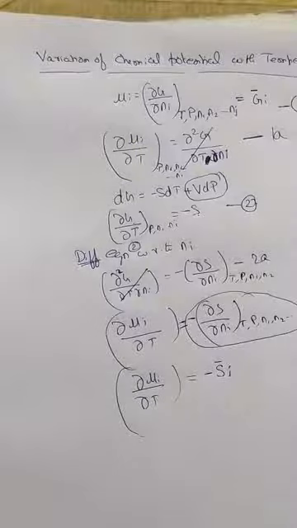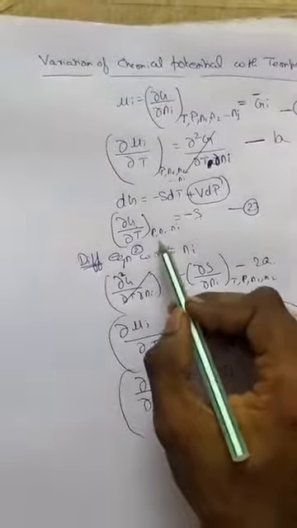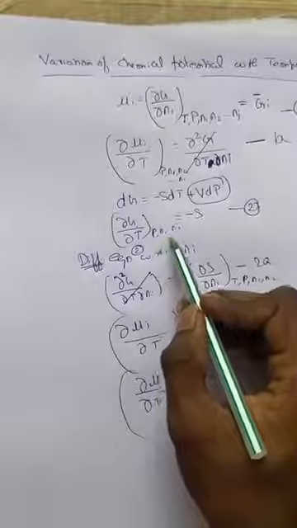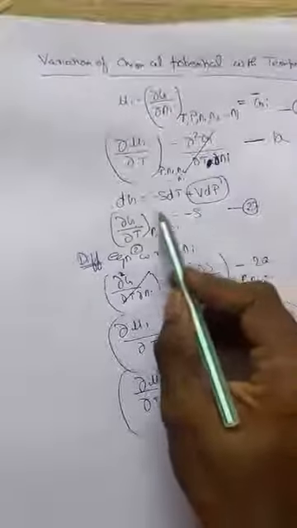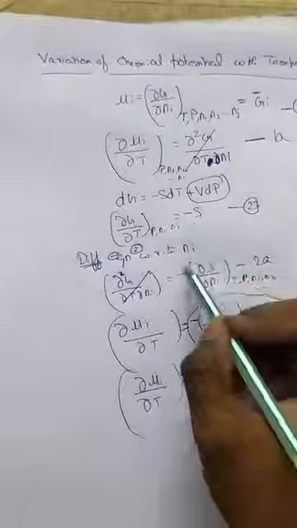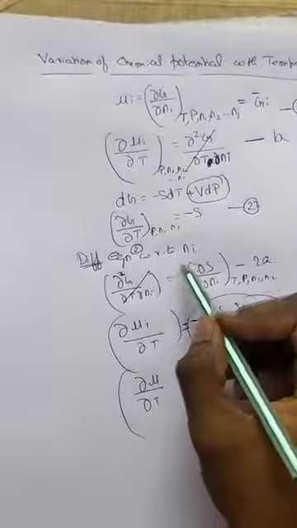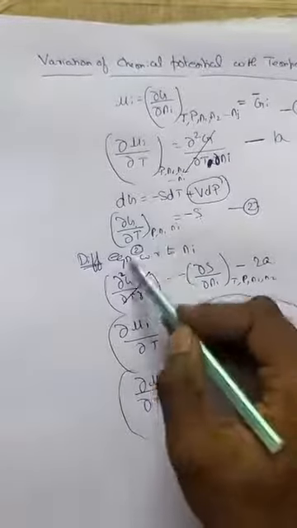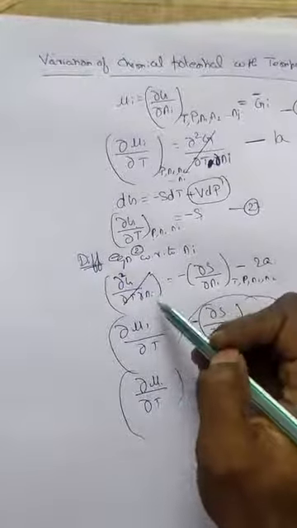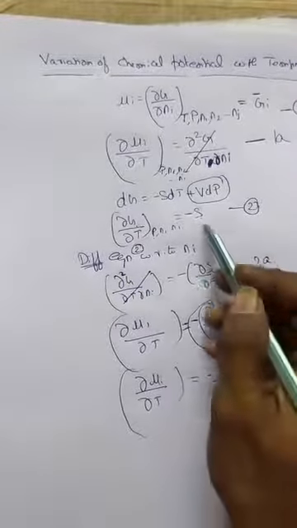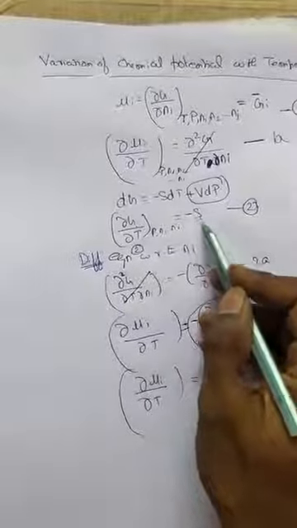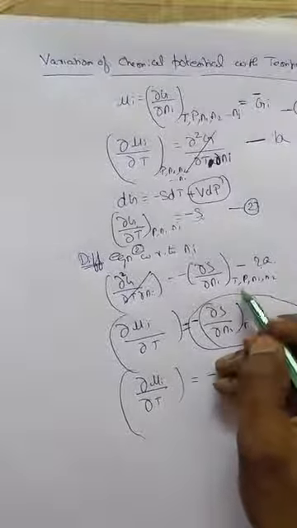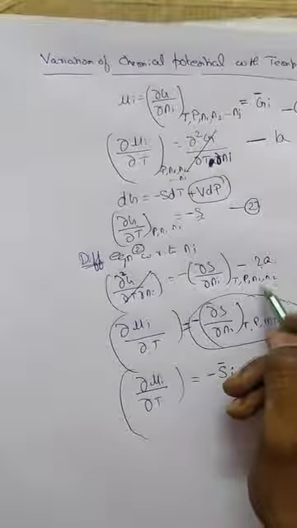So we have ∂G/∂T at constant pressure and constant number of moles equal to minus S. Now I differentiate this second equation with respect to Ni, and I get ∂²G/∂T∂Ni equal to minus ∂S/∂Ni, because S will change with respect to Ni. Let me take this as 2A, with temperature, pressure and number of moles constant.